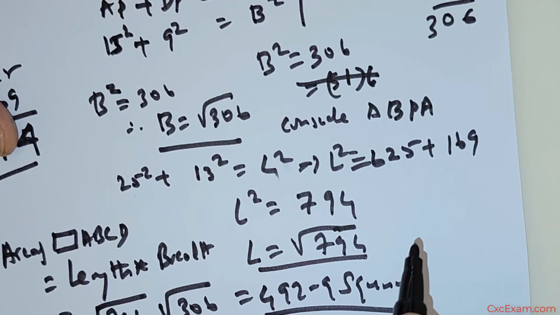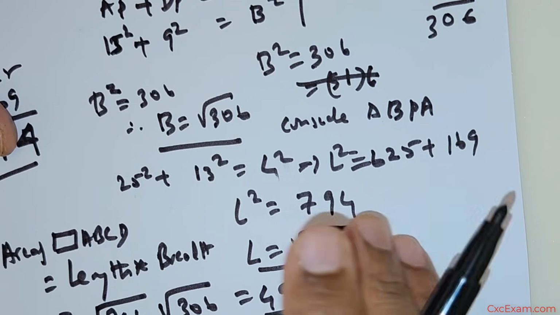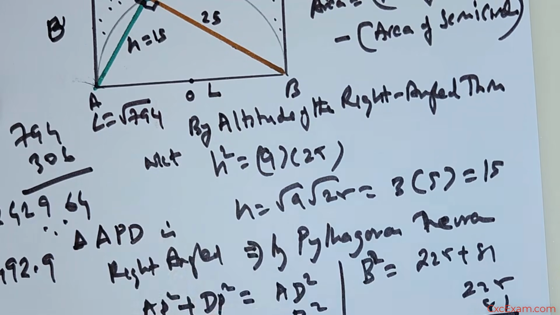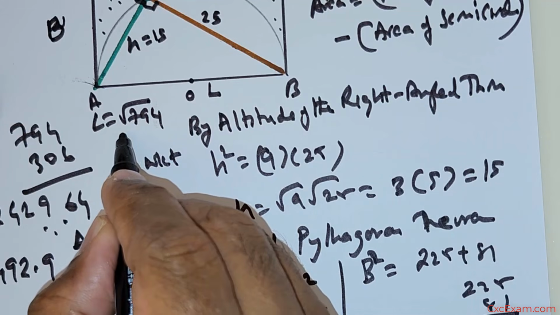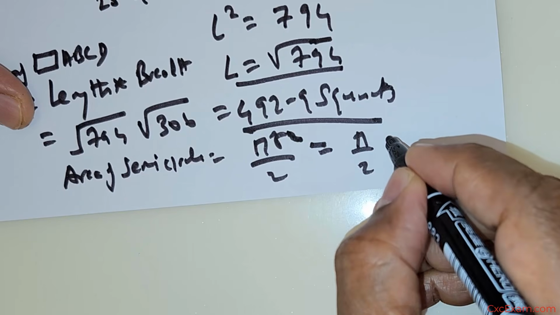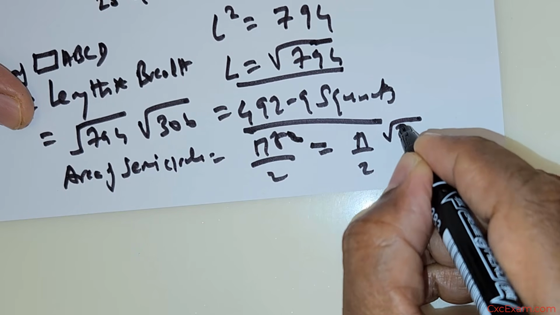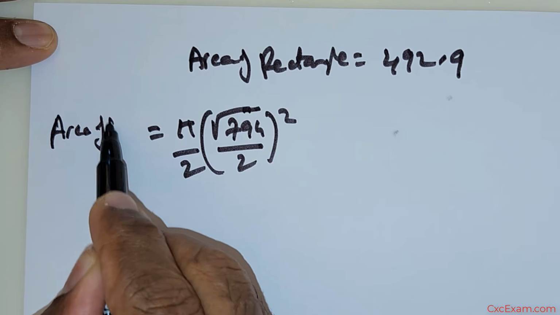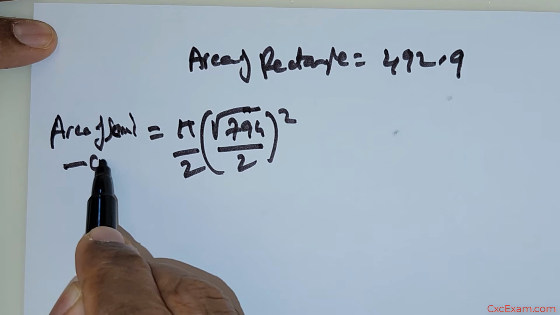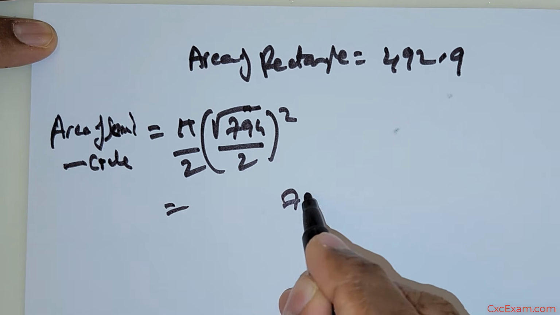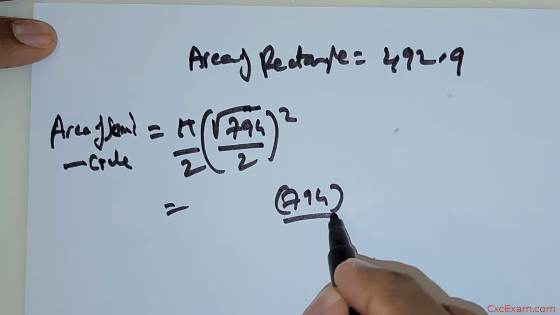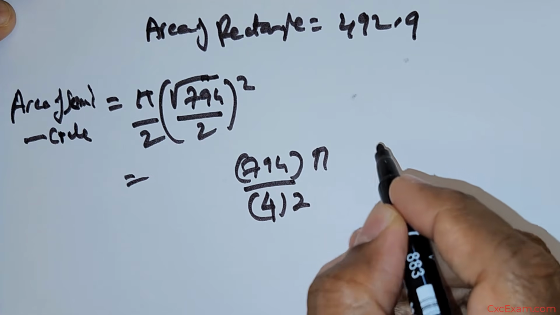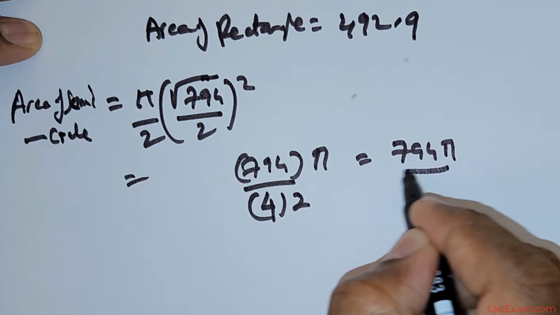L is root of 794. But the radius is going to be divided by 2. So R is root of 794 divided by 2, squared. So you get 794 over 4, and you already have a 2 and a pi. So this is 794 pi divided by 8.